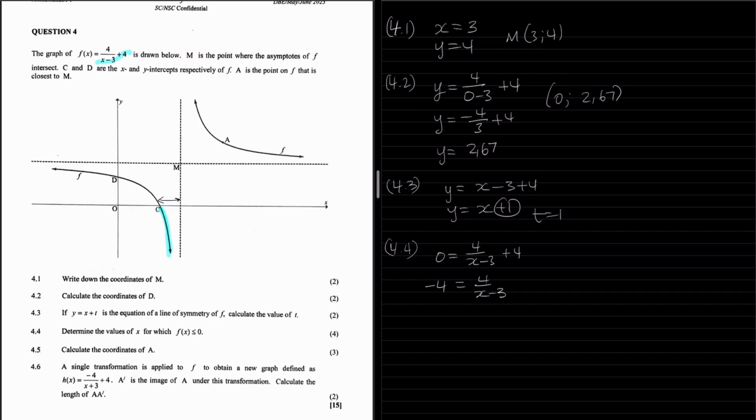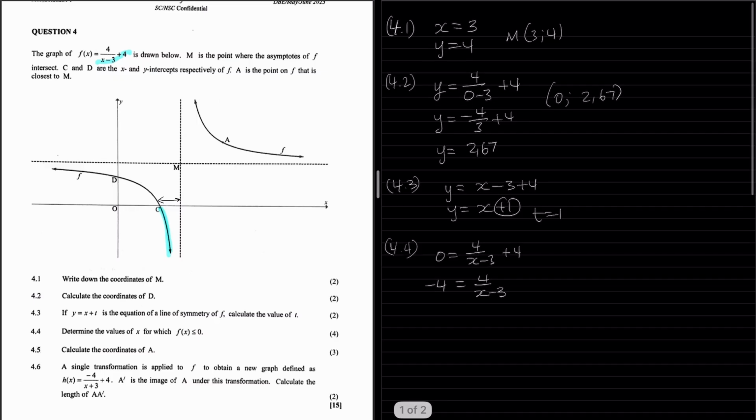I'm then going to cross multiply, so minus 4 into x minus 3 is equal to 4. So minus 4x plus 12 is equal to 4. I'll then transpose the 12, so minus 4x is equal to 4 minus 12, which is negative 8. X is then equal to 2.